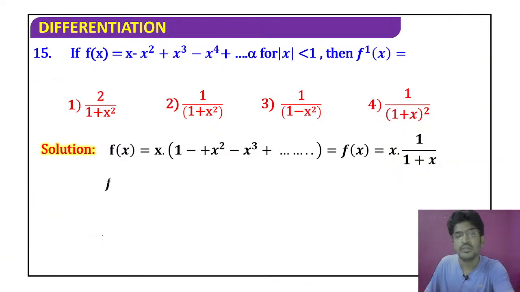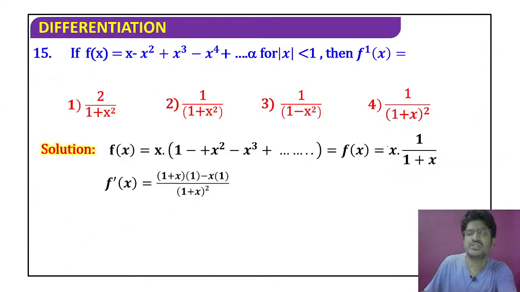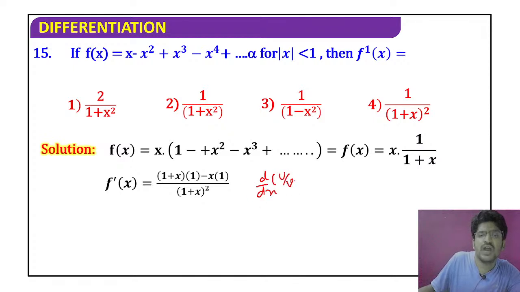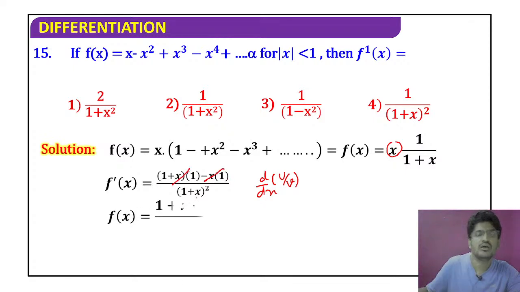Clear? So now you just see the differentiation of x divided by 1 plus x by using the formula d by dx of u by v. Okay, u is x, v is 1 plus x. Clear? So you are going to get 1 plus x minus x. Here plus x and minus x will get cancelled.